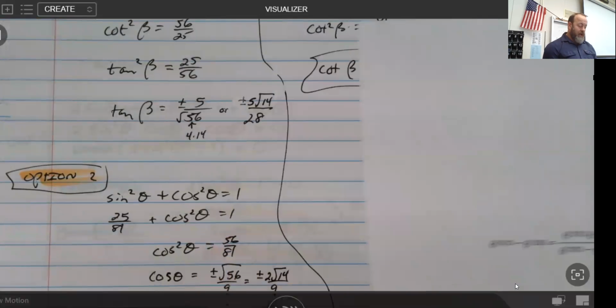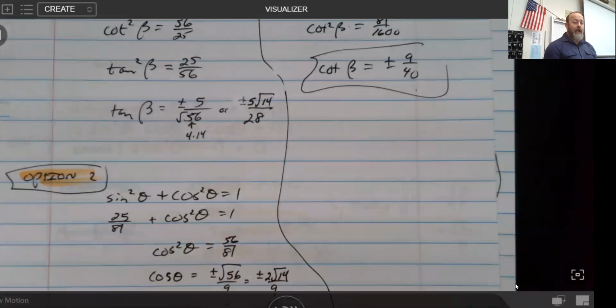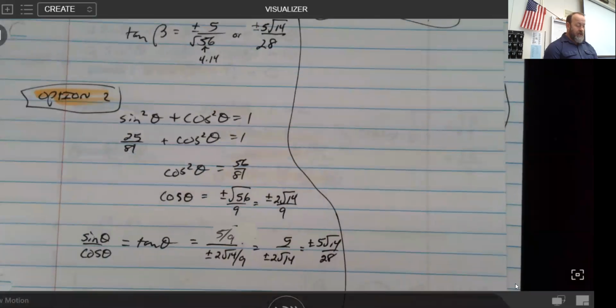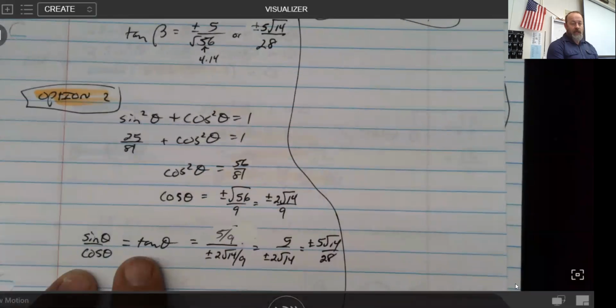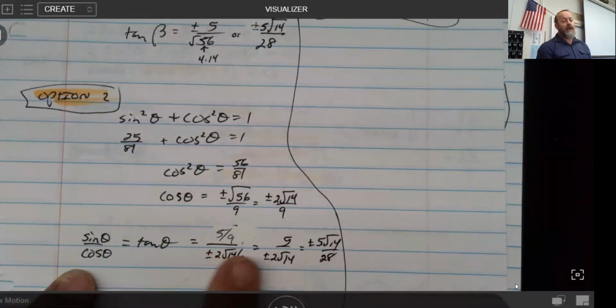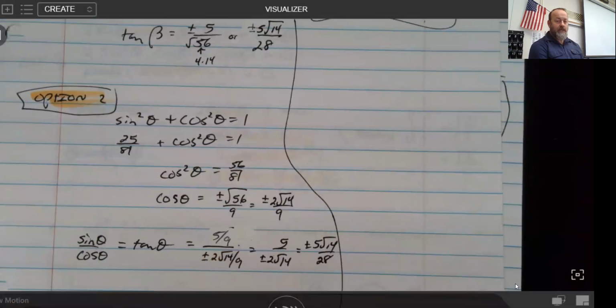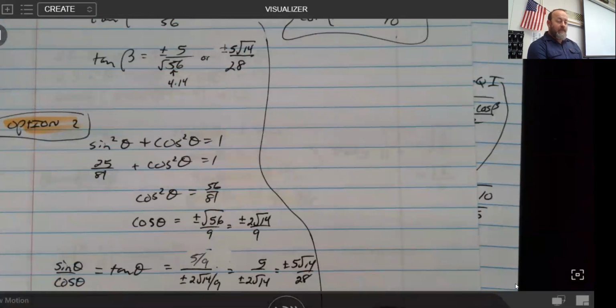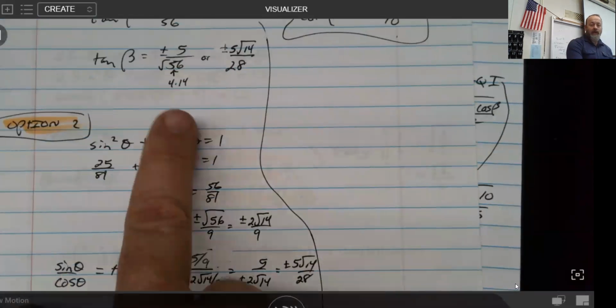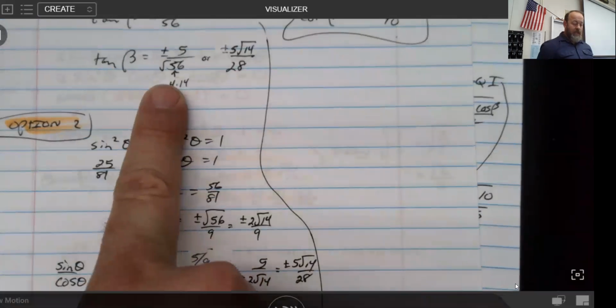And then, of course, if I know the sine and the cosine, all I have to do is divide the sine by the cosine, and that will give me my tangent. So I took the sine and the cosine, and I divided them. And I got exactly the same answer as I got previously. But like I said, it would have been okay if you left it as 5 over root 56.